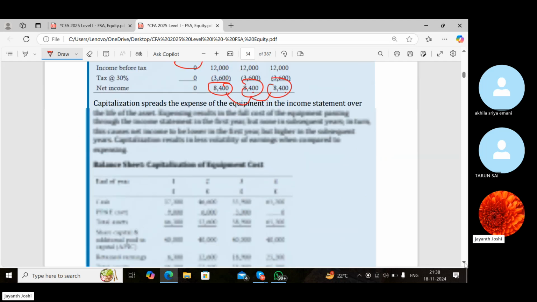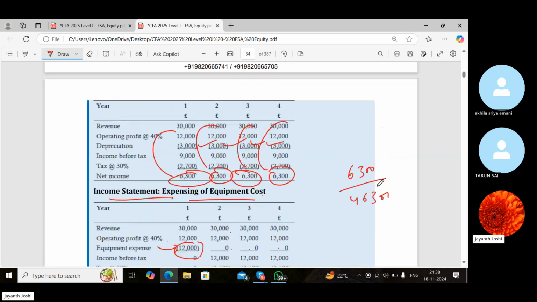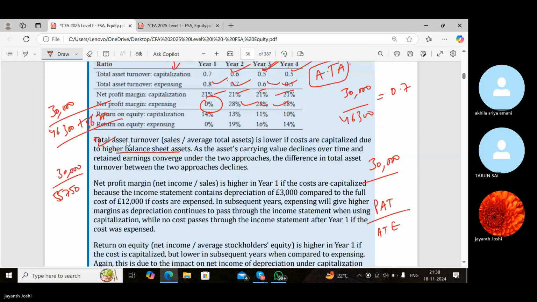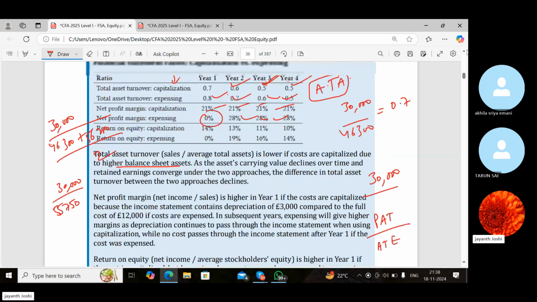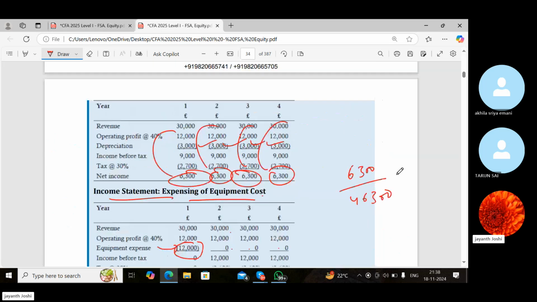We'll take the equity here, 46,300. You'll get the ratios in this pattern. 6,300 divided by 46,300, so 13.6, I'll get 14%.